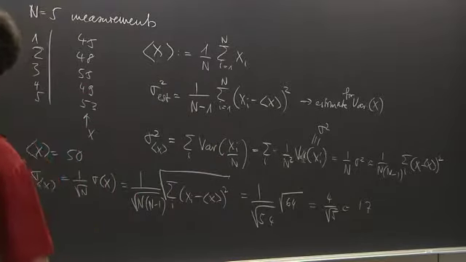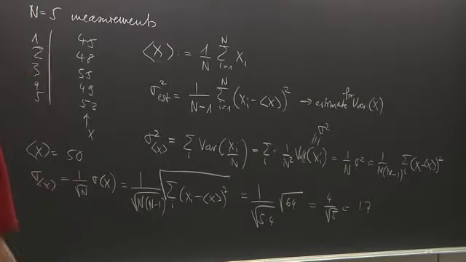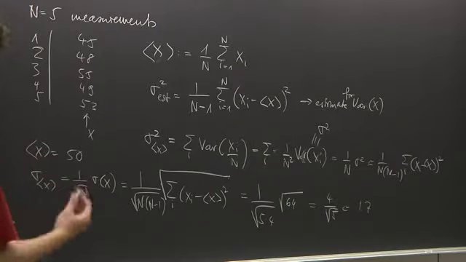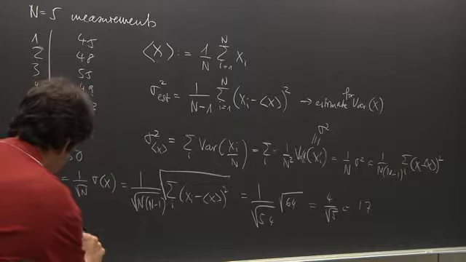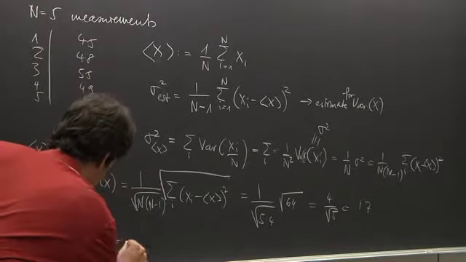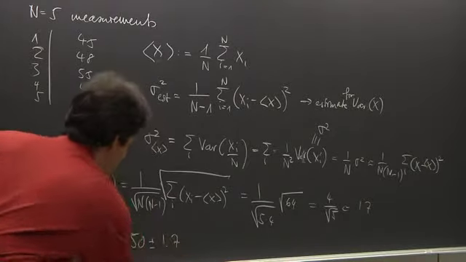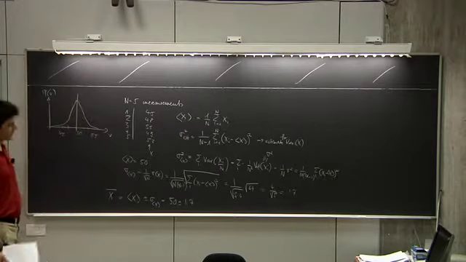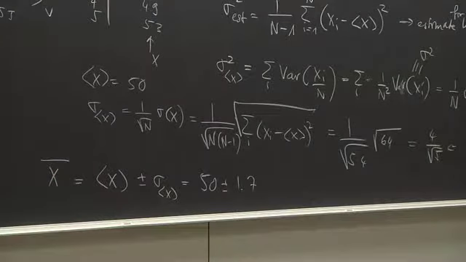So now you put this together, and then you say your average x, so the average speed, or probably the true speed of the car, will be average plus minus roughly sigma x, which is therefore 50 plus minus 1.7. So this is the scientific way of expressing what you measured. You measure an average, and you estimate also the error that is associated to it.